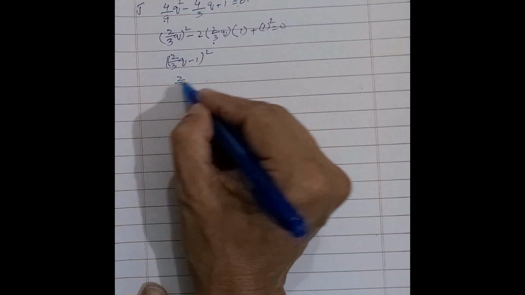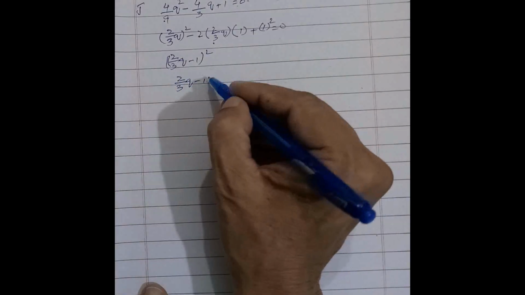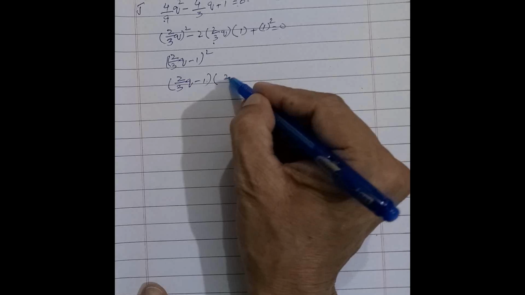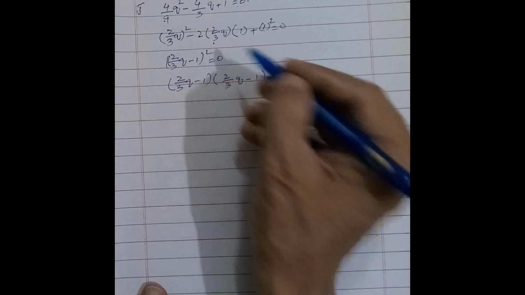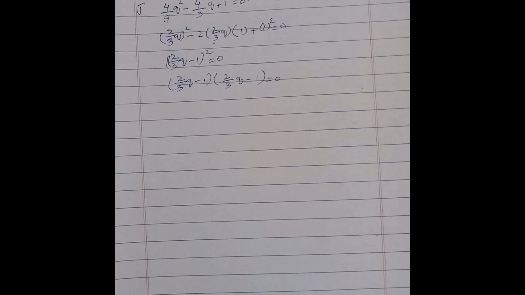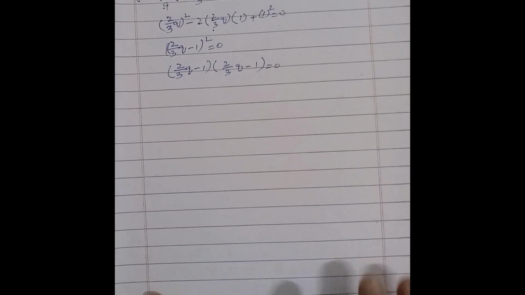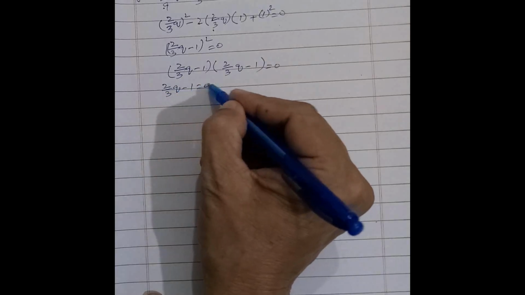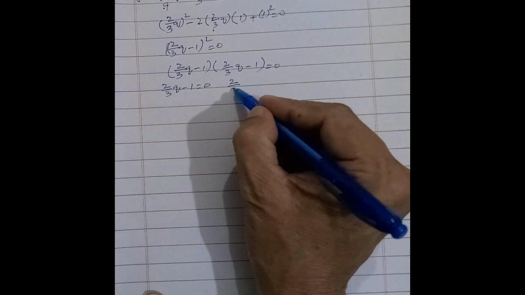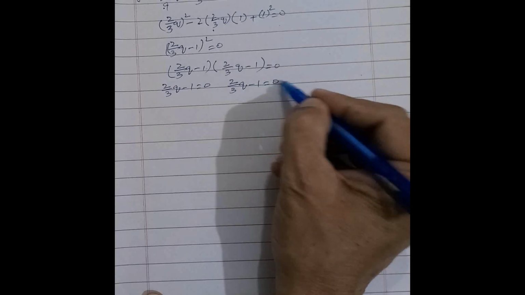And the values are 2 over 3 q minus 1 is equal to 0, 2 over 3 q minus 1 is equal to 0. And now we find the value of q.